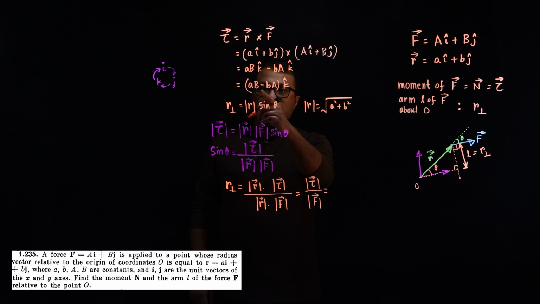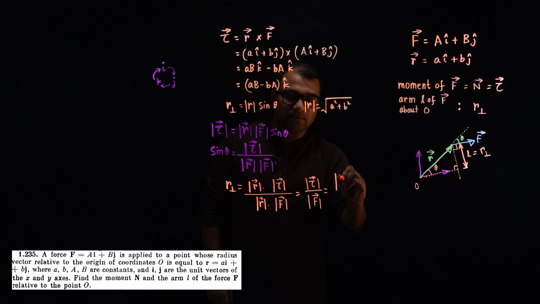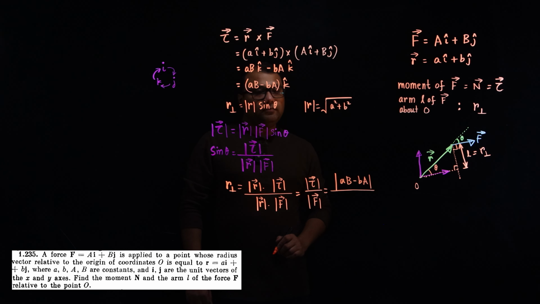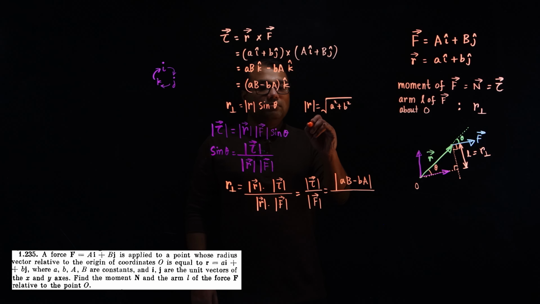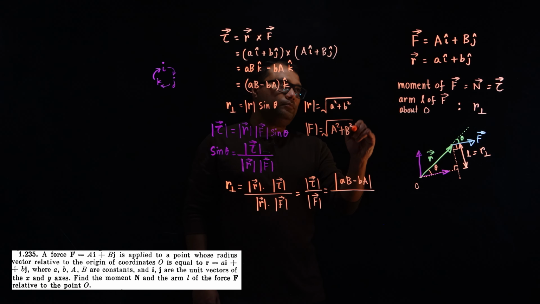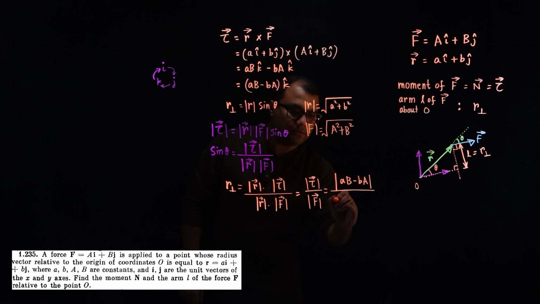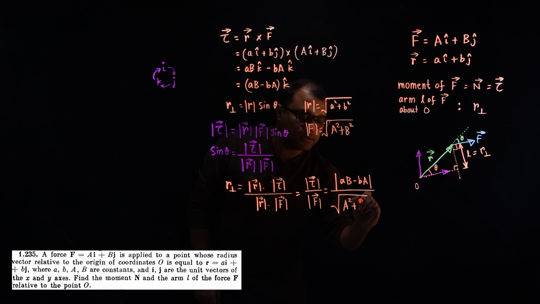The value is aB minus bA, but I will take the modulus of it, or basically the positive value of it, divided by mod F. Mod F is, again, easy. It will be root over A square plus B square.